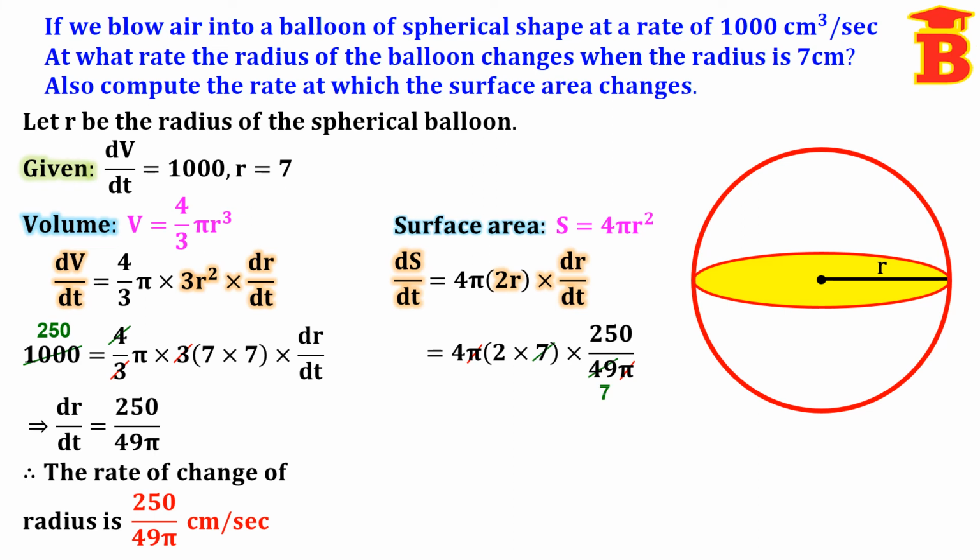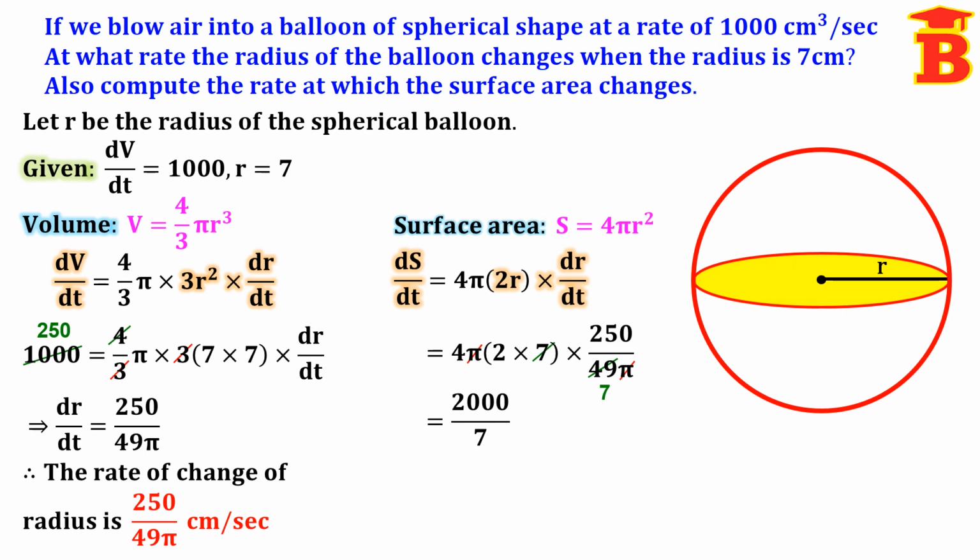Next cancel 7 and 49, that is 7 times. And that's all. Just multiply the numerator numbers. Here 250 into 2 is 500. 500 into 4, that is 2000. Divided by, in the denominator we have the number 7. So 2000 by 7 is the answer.